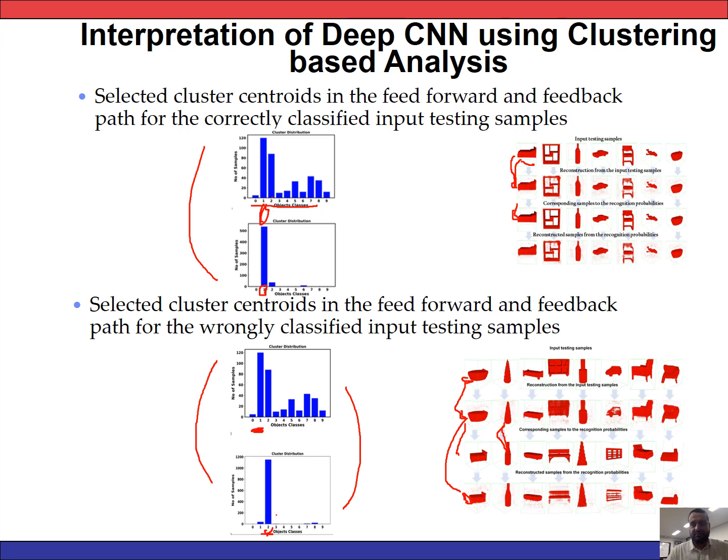And we can use this neural network to reconstruct the object to see how it made this error. This is the way of reconstructing the input object back from the input as well as from the recognition probabilities.